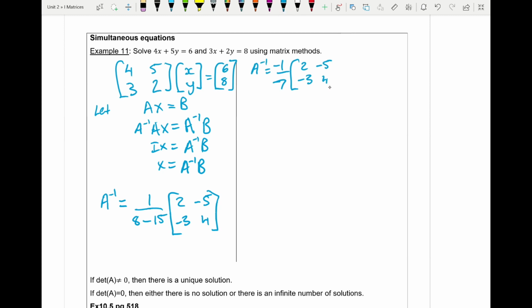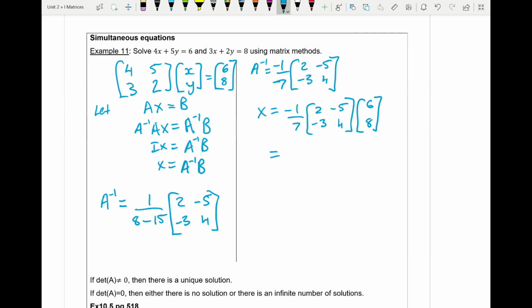And so again, we're not going to apply this coefficient until the very end, because that's going to make it easier for us. So X is equal to -1/7, 2, -5, -3, 4, multiplied by 6, 8.